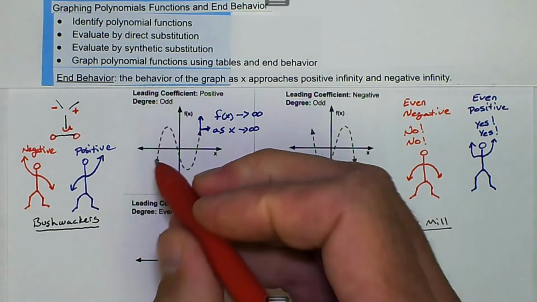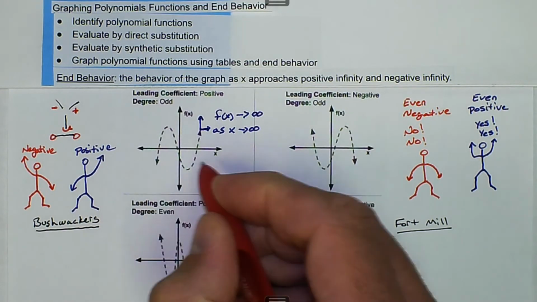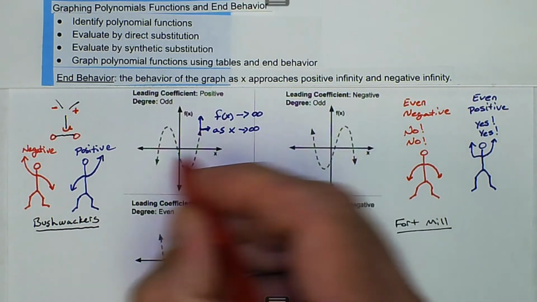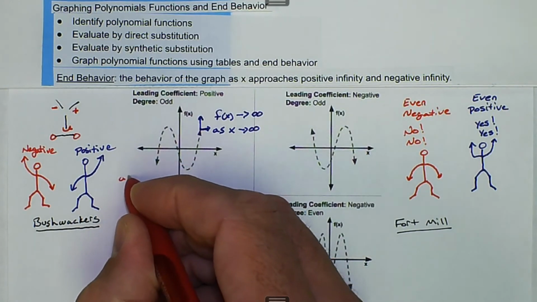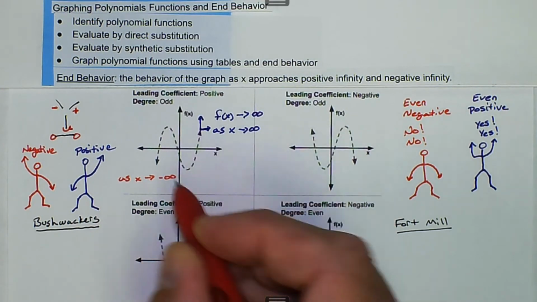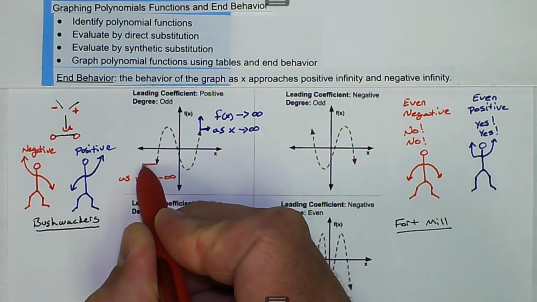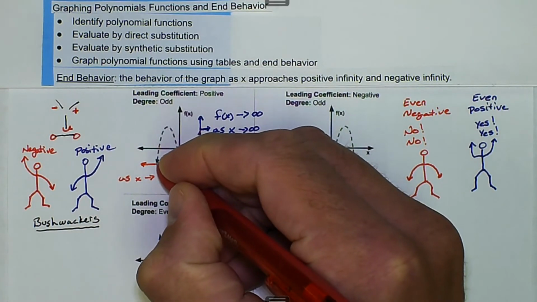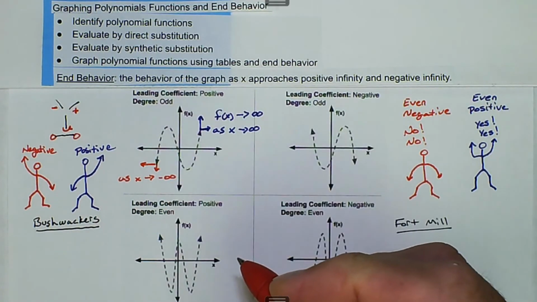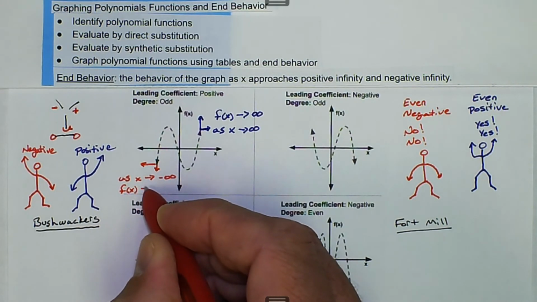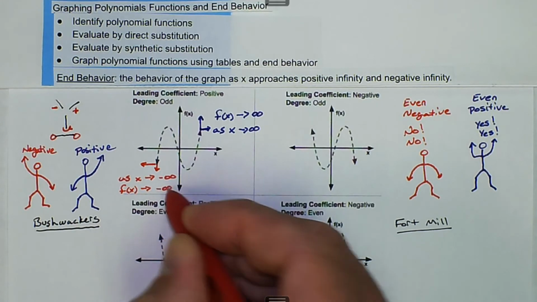And if we're looking at the other side, so this is as x goes to positive infinity. Now we're thinking of as x goes to negative infinity. So as x goes to negative infinity, what does the function do? Well, the function in this case also goes to negative infinity. So f of x goes to negative infinity.